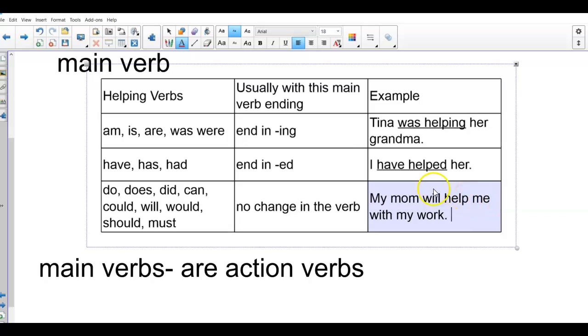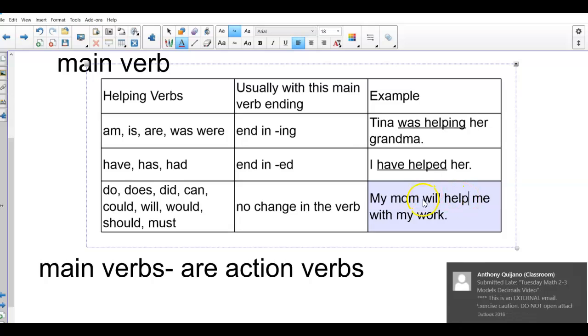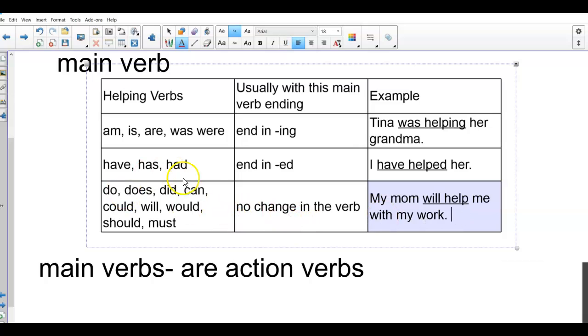Okay, notice help. I have will, which is my helping verb. Okay, and I have help. Help doesn't have an ending to it. Like here it had an ed and here it had an ing. Now I just have help. Okay, so any of these helping verbs are going to go with action verbs that do not change the ending.